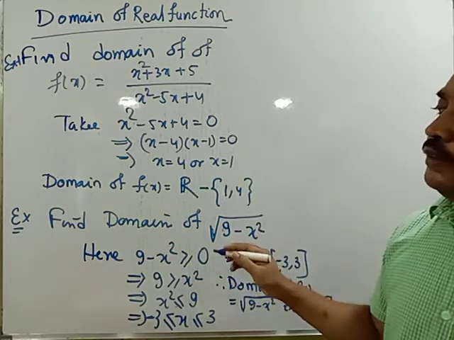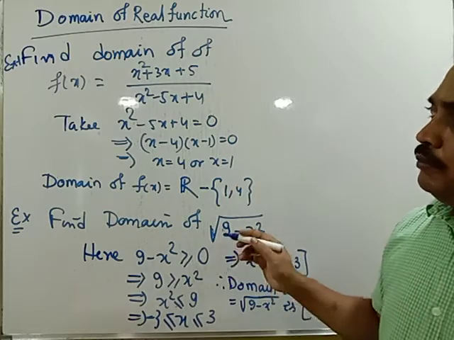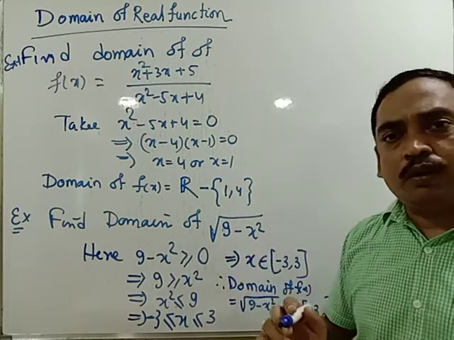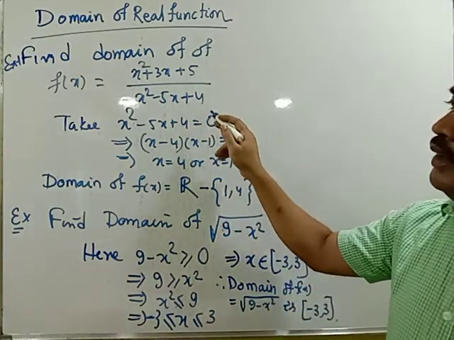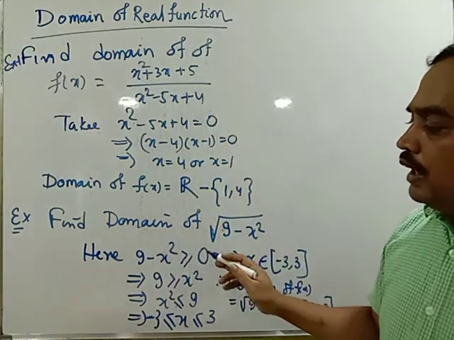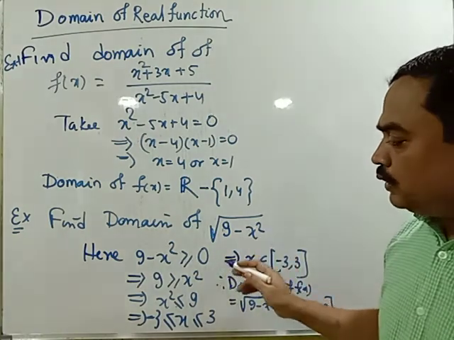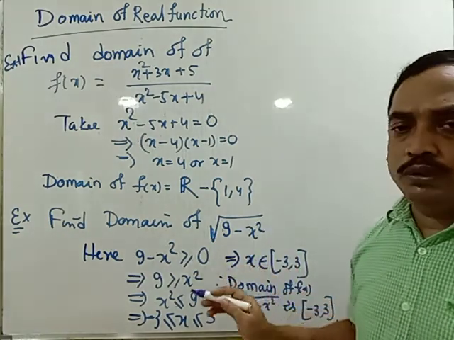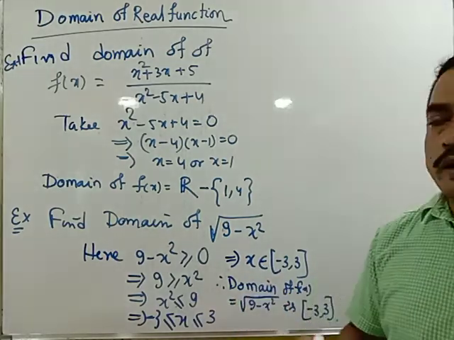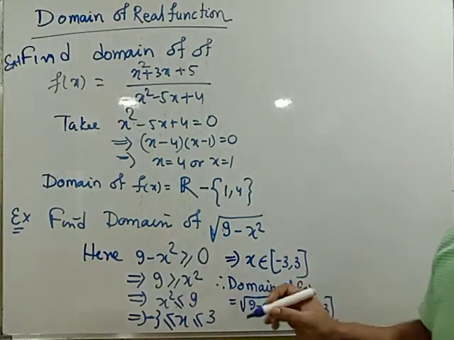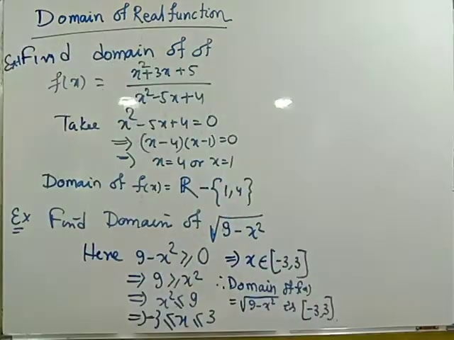Here you have to check that the denominator should not be equal to 0, and for a square root function the expression under the root should be greater than or equal to 0. We will study more functions. Note it down, and next we will discuss the range of a real function.